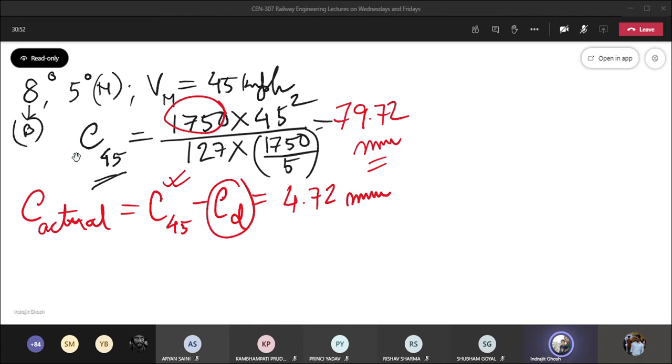So when we get that 4.72, what is this C actual? Anybody can say what it is? What did we calculate based on what we solved in the last class? This is actually the cant we need to provide on the main line.